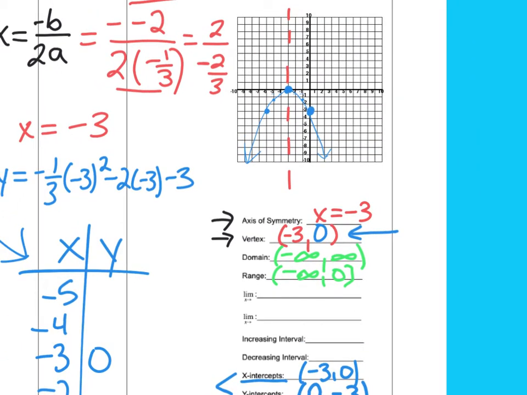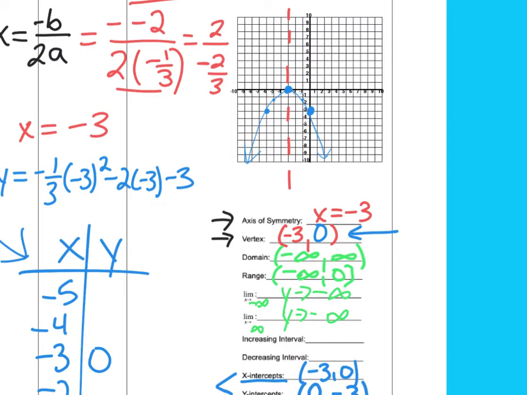Limits, what are my approaches going to be? Yep, always going to be the same as the domain. -infinity and infinity, and then my limit. So is this going up or down forever? Down. So that's pretty easy.